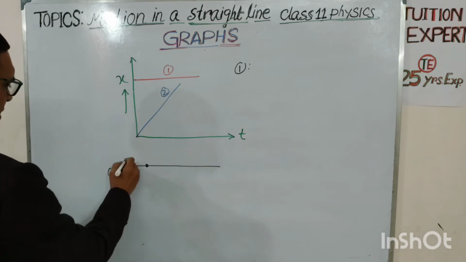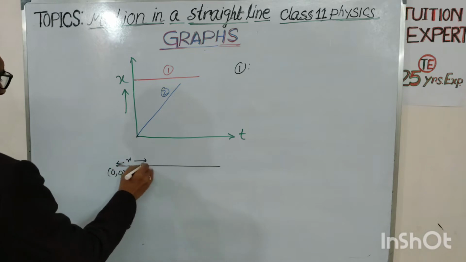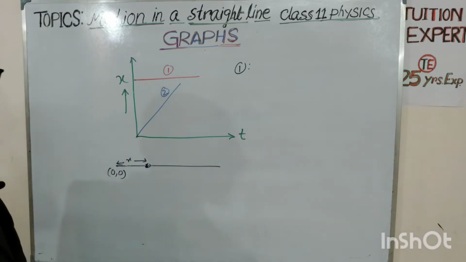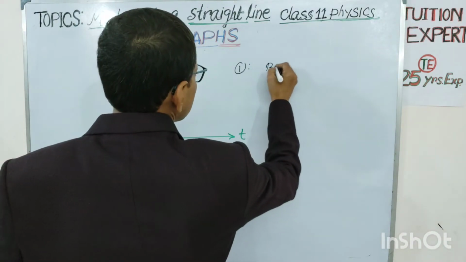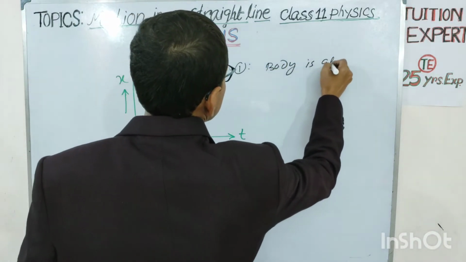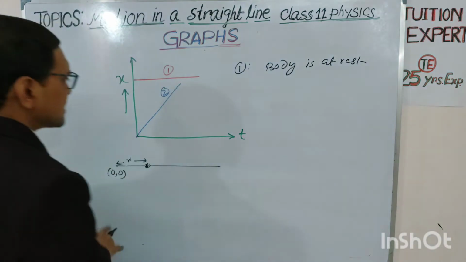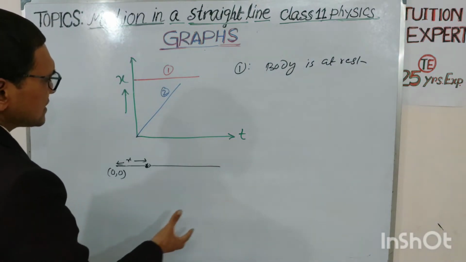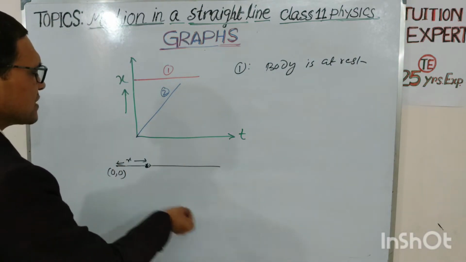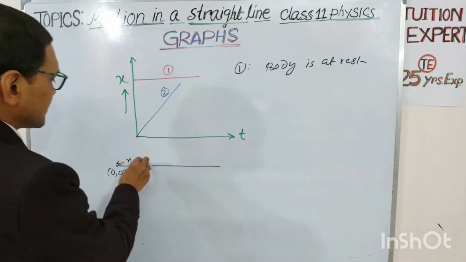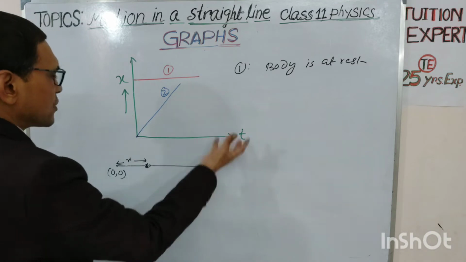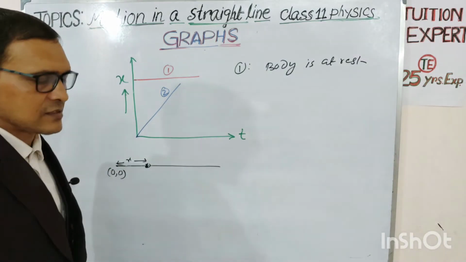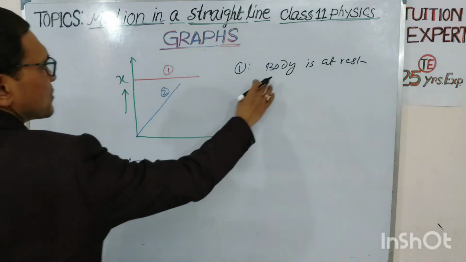Time increases but its displacement remains always the same. That is, the body is at rest. So if the body is at rest, then as time increases its displacement will not change. So graph 1 denotes the body is at rest.